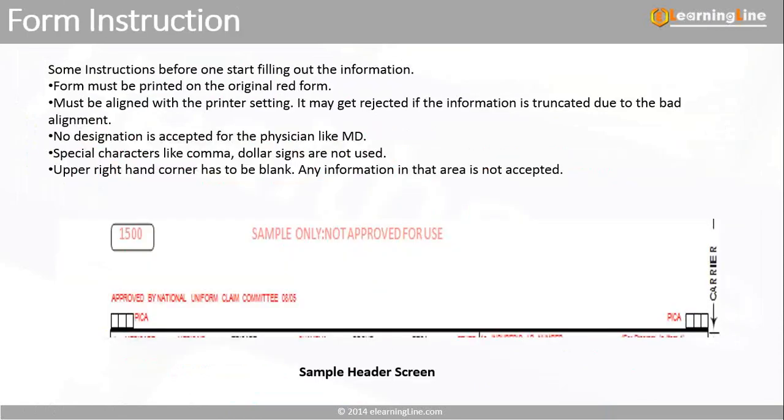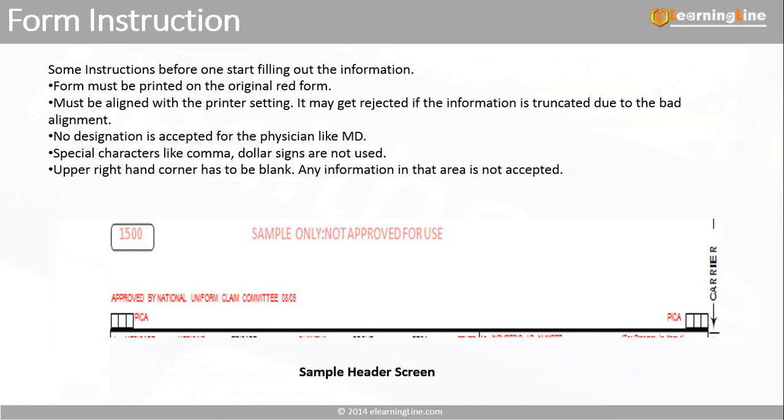Let's talk about form instructions. Now, some instructions before one starts filling out the information. The form must be printed on the original red form. That is requirement number one. If someone is submitting it as a paper form, it has to be in its original form.